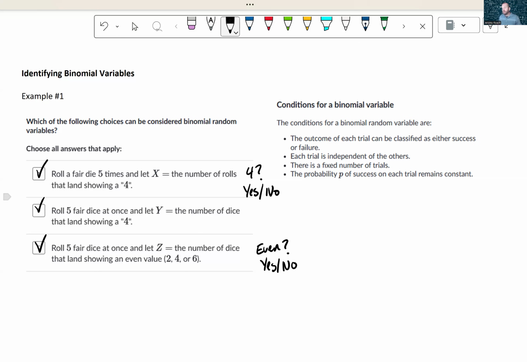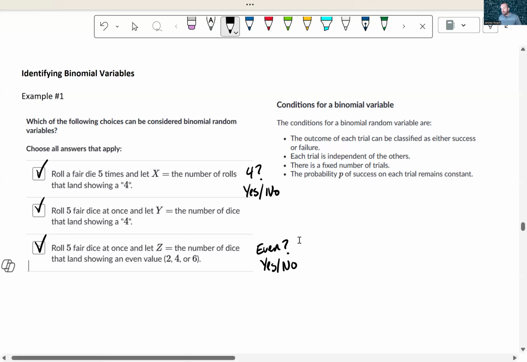Each trial is independent of the others. So what's happening is when we roll the die one time, we get a result. And then we roll another time. That means that the first time that we rolled doesn't affect the second time. That means that they're independent of each other and they're not affecting the probabilities of the next thing happening.